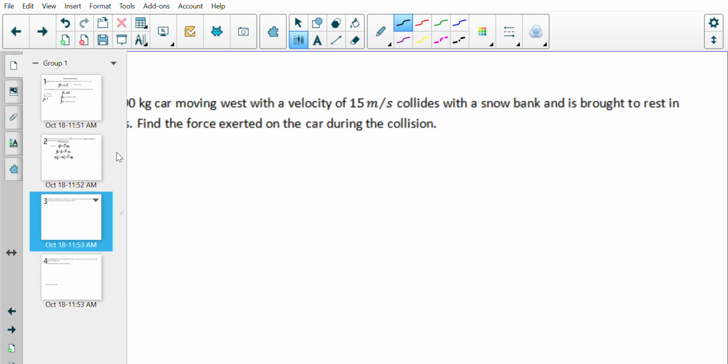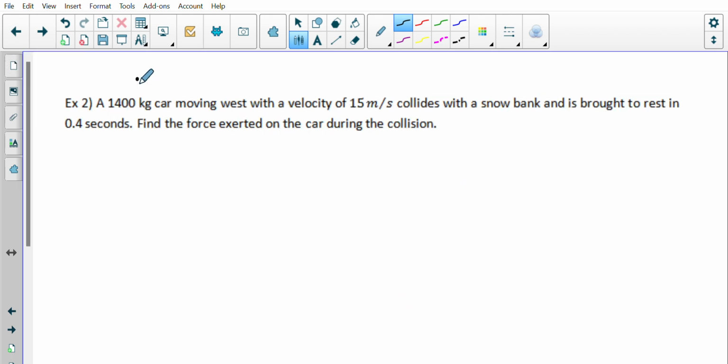For example, we have example 2 here: a 1,400 kilogram car moving west with a velocity of 15 meters per second collides with a snowbank, that's not good, and is brought to rest in 0.4 seconds. Find the force exerted on the car during the collision. So here we go.